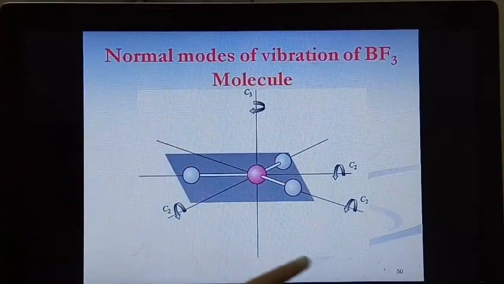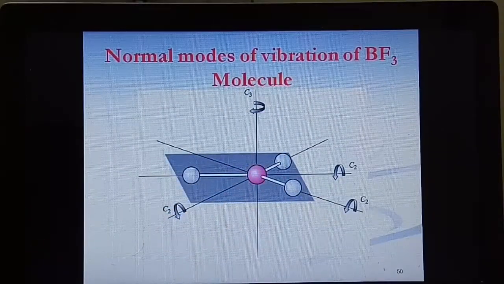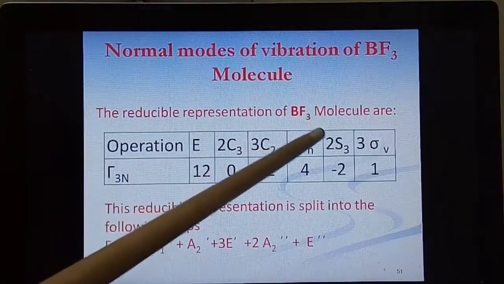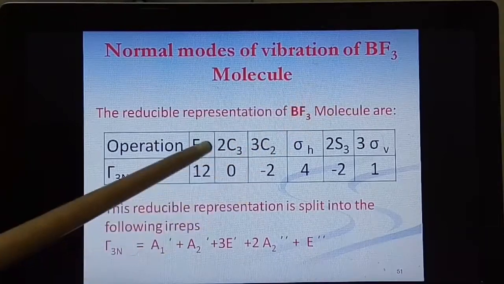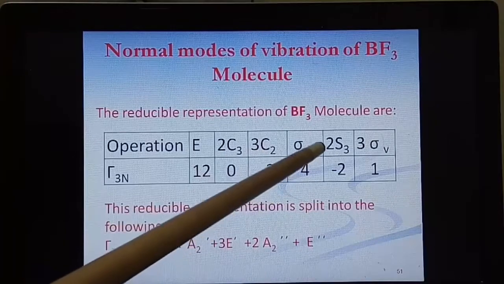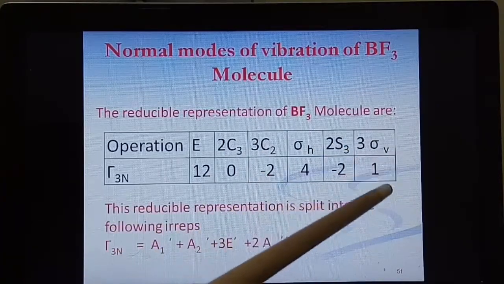Now the normal modes of vibration of the BF3 molecule. So as another example, we will take the BF3 molecule. This is a planar molecule. The reducible representation of BF3 is, because there are 4 atoms, E will be 12, C3 0, C2 minus 2, sigma h 4, S3 minus 2, sigma v 2.